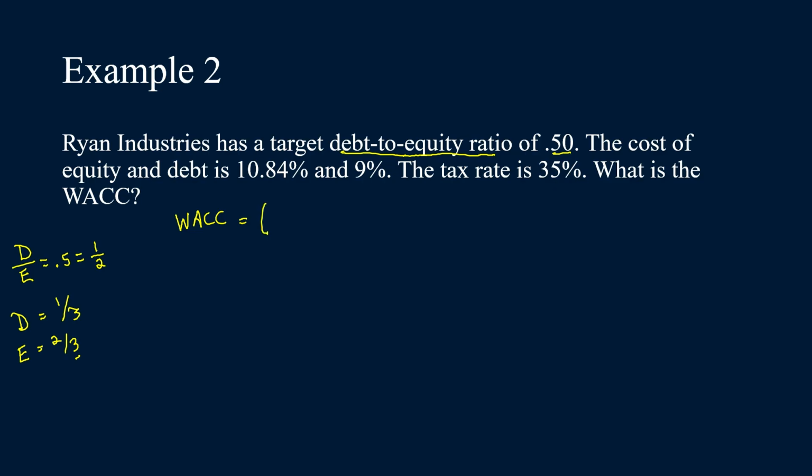So we have the equity over the value times the cost of equity, which is RE. We're going to add that to the debt over the value times the cost of debt times 1 minus our tax rate.